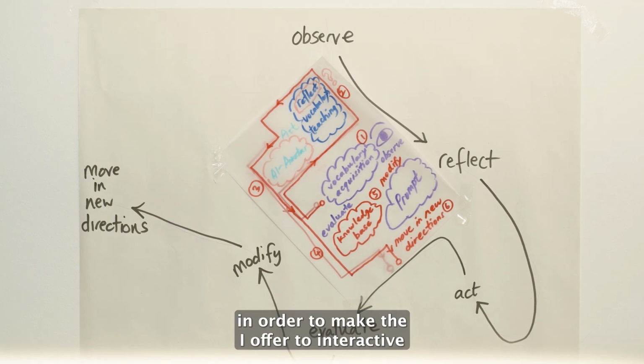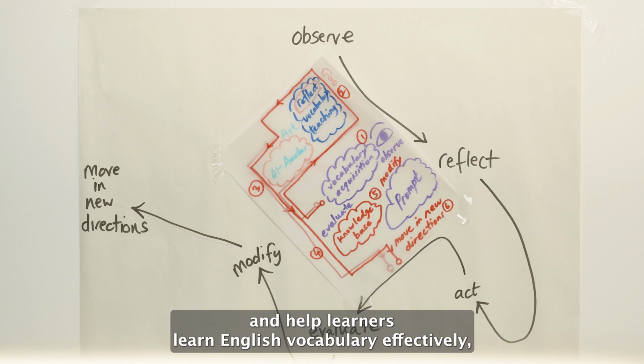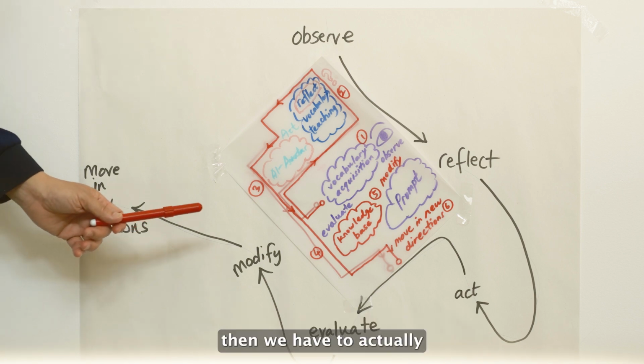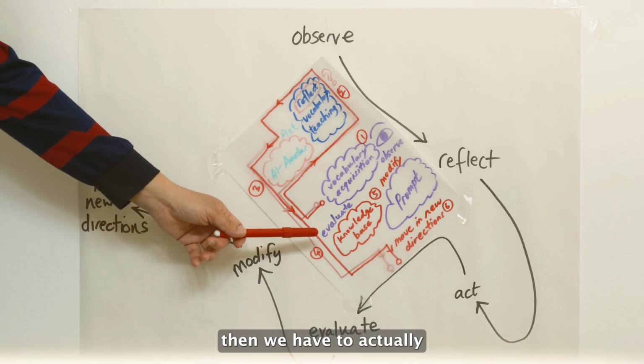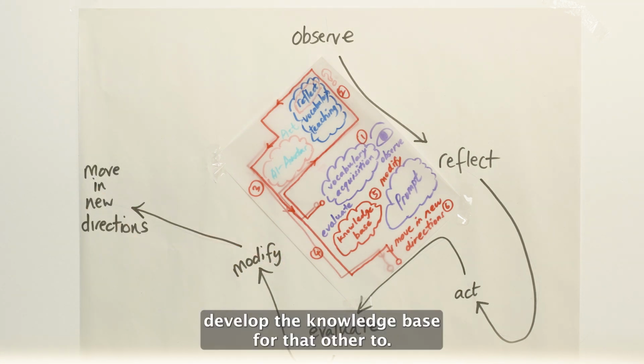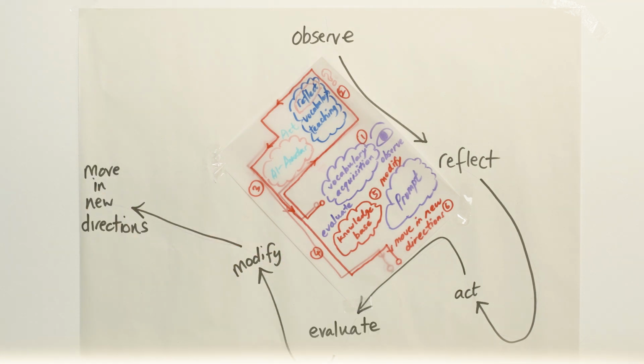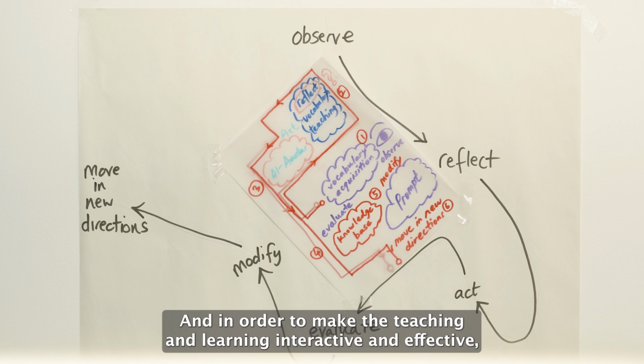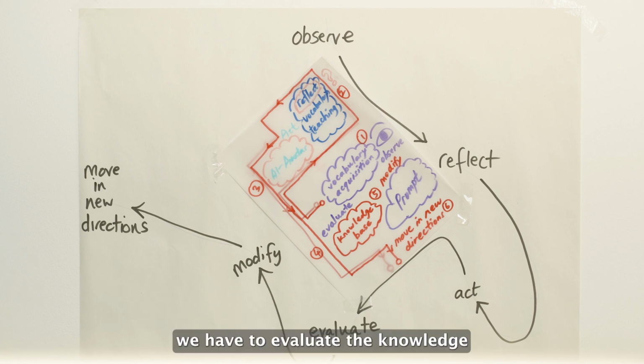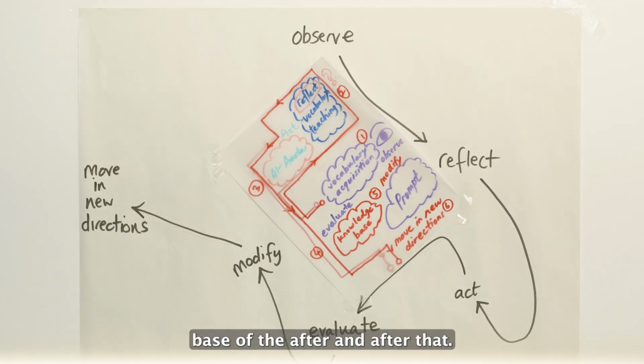In order to make the AI avatar interactive and help learners learn English vocabulary effectively, we have to develop the knowledge base for that avatar. And in order to make the teaching and learning interactive and effective, we have to evaluate the knowledge base of the avatar.